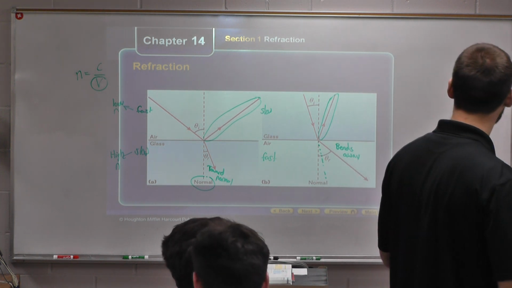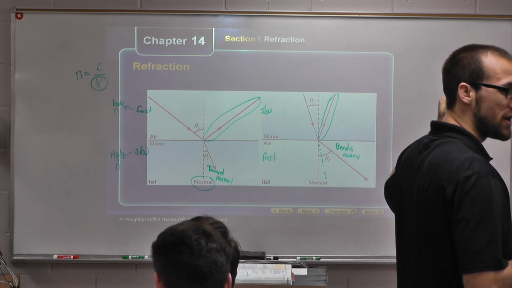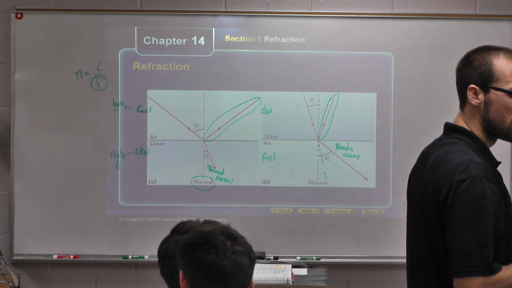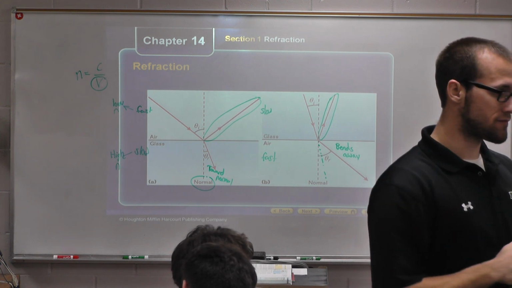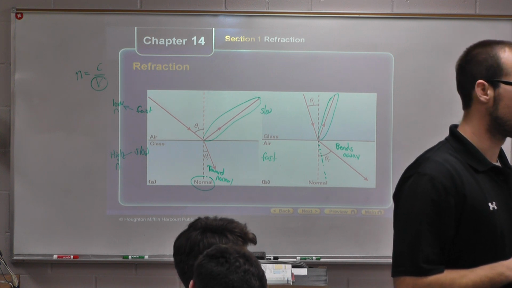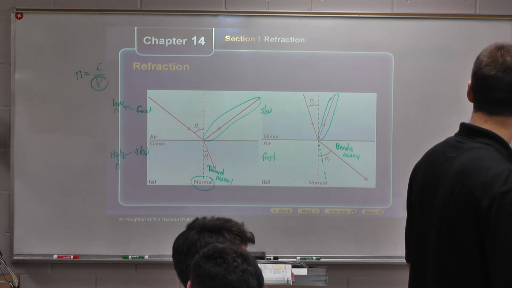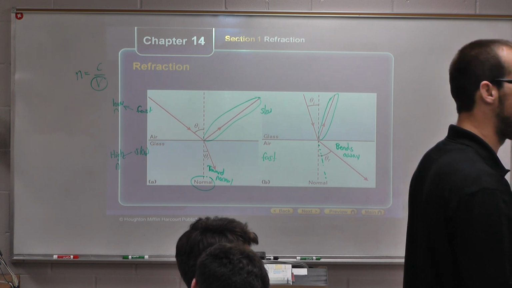No, it's only going to speed up when it goes from a slow moving medium to a fast moving medium. You don't have to have air; you can just have diamond and water in this scenario. Diamond and water would work because diamond's slow and water is faster.